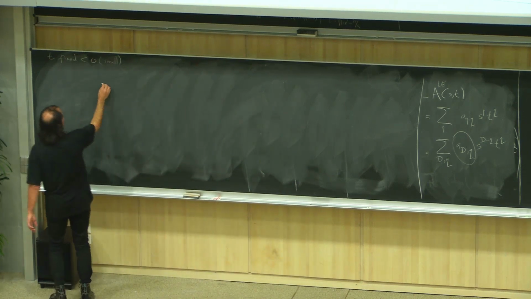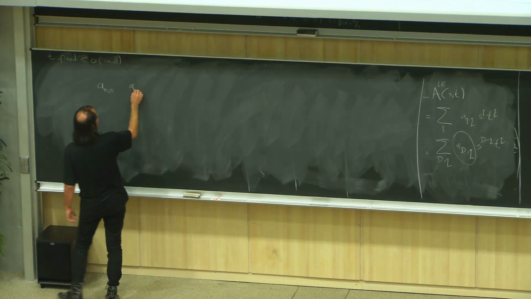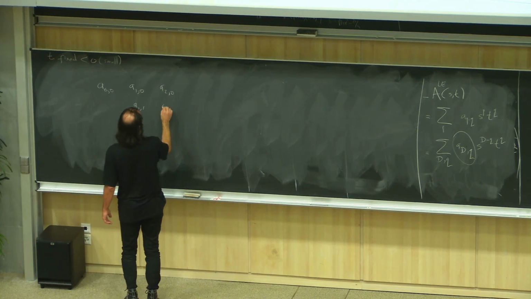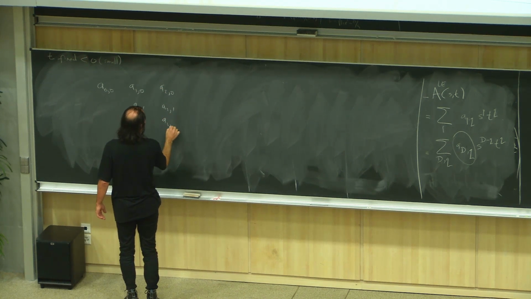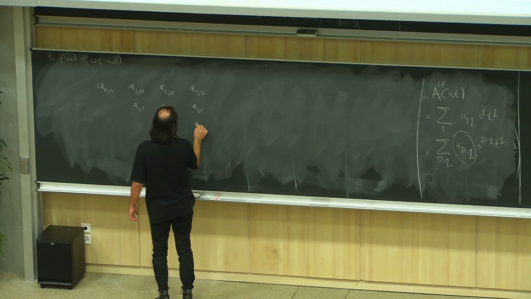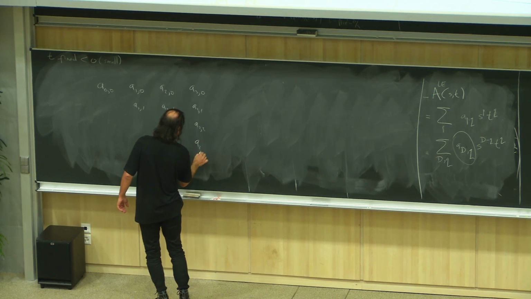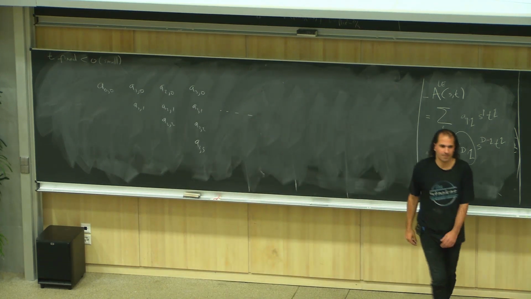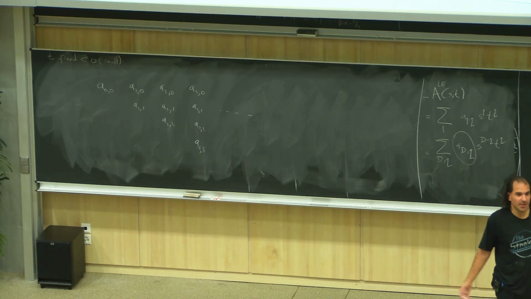So I have a00, a10, a11, a20, a21, a22, a30, a31, a32, a33, and so on. So there's this whole matrix of these guys. And I want to say something about them.